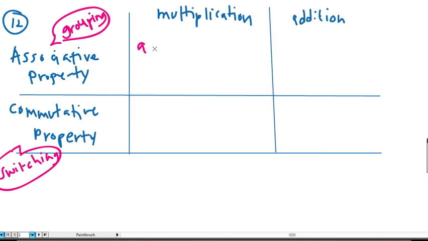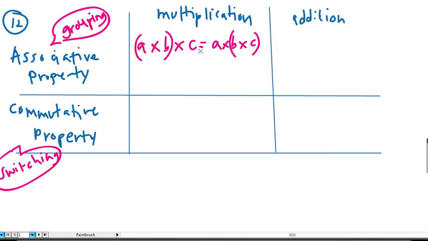We could have A times B times C. And we could group them this way, with the A and the B in parentheses, or we could group them the other way, A times B times C, but we are grouping the B and the C together this time.